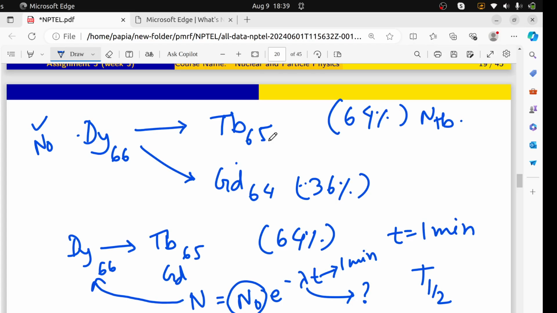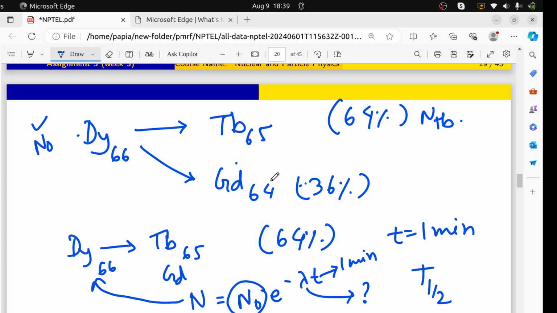So obviously we will focus on this decay channel only, and for that case N0 minus at time t equals 1 minute, whatever the number of Tb was there, divided by 64%. That's it. That is the calculation for getting N of Dy at t equals 1 minute.